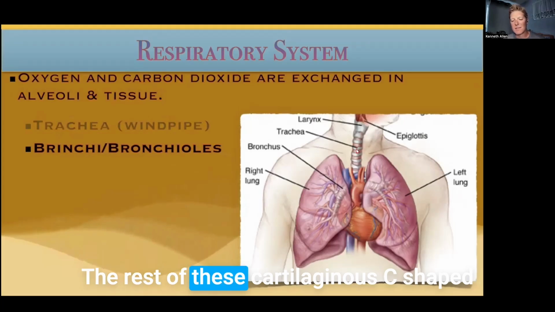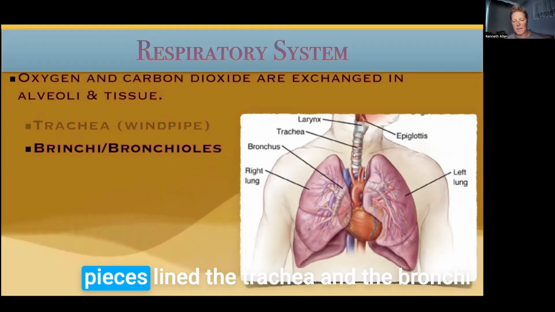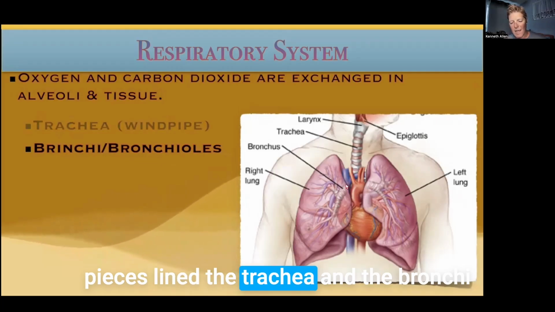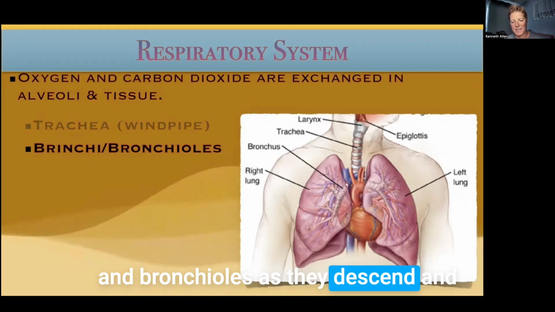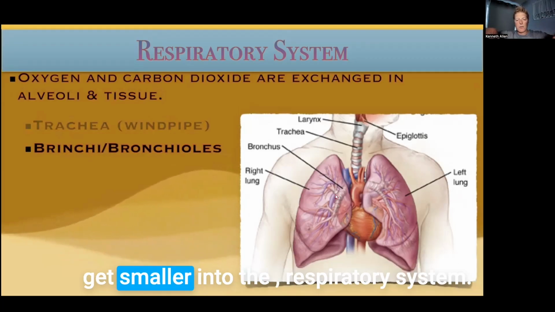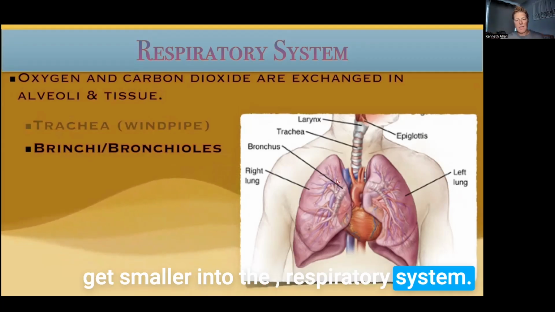The rest of these cartilaginous C-shaped pieces line the trachea and the bronchi and bronchioles as they descend and get smaller into the respiratory system.